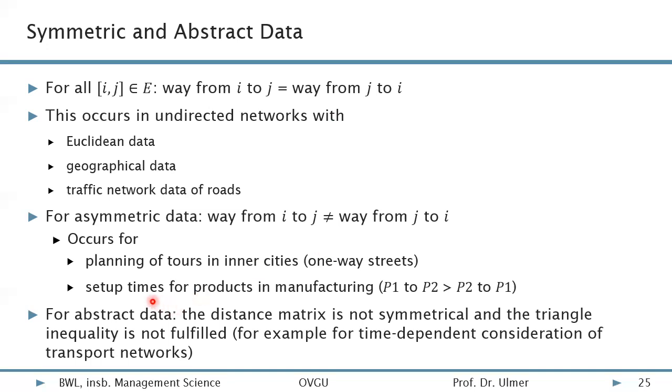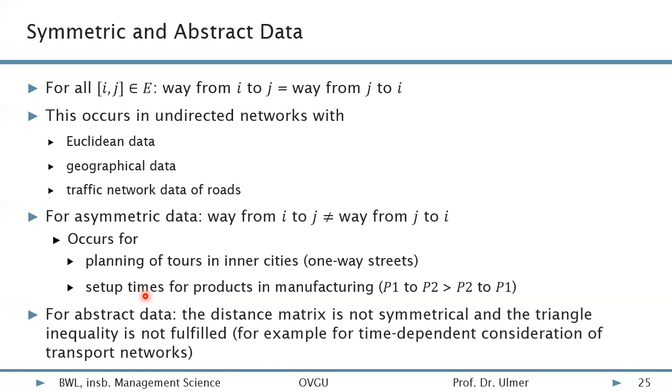Another example here is in production planning. In production planning, we often produce one product, and then we switch to produce the next product. We can represent this as a graph, where each vertex is a product we want to produce, and each edge indicates with the weight how long it takes to switch from producing product 1 to product 2.